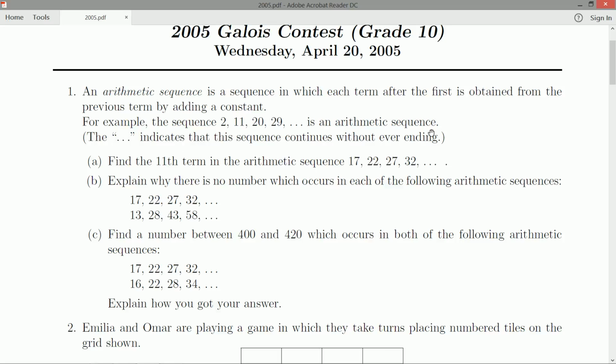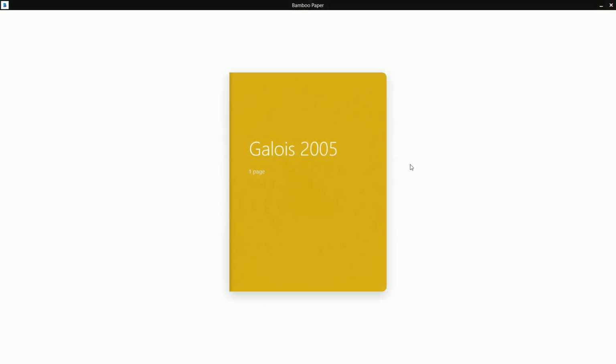All right, so we have 3 parts to this question. A: find the 11th term in the arithmetic sequence 17, 22, 27, 32, and so on. We have to remember that the Galois, like the Fryer and Hypatia contests, are written contests, so we need to explain a little of what we're doing in order to get full marks.